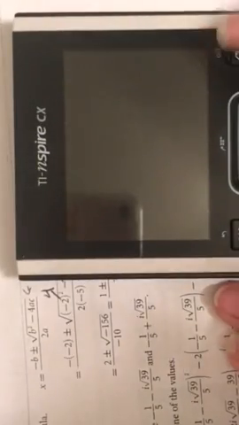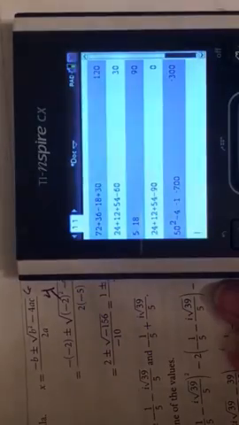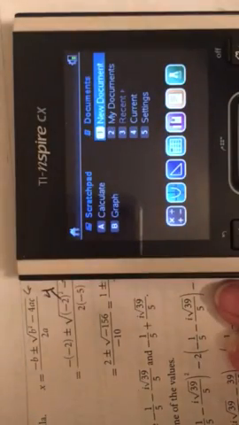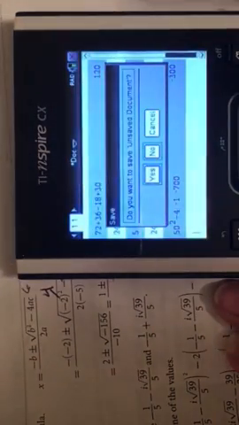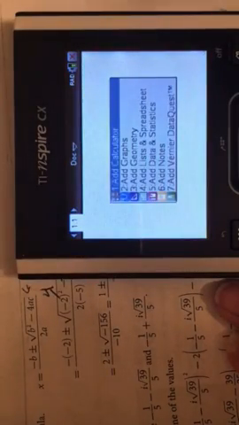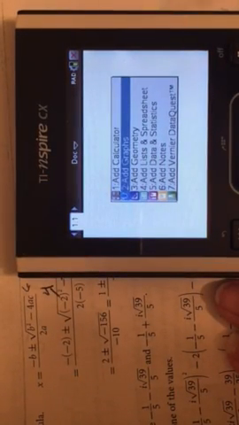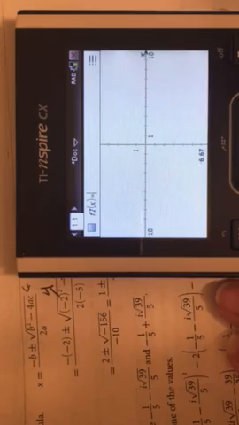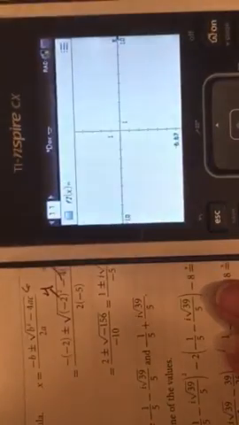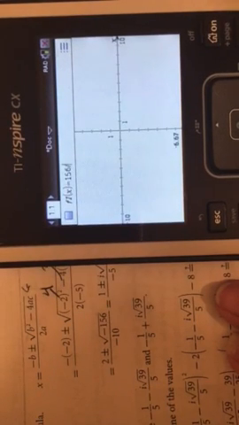And here's how I make factor trees. I know all my perfect squares. So here's what I'm going to do. I'm going to go home. I'm going to start a new document. I'm going to add a graph. And I want this graph to be my magic number, that 156 divided by x.